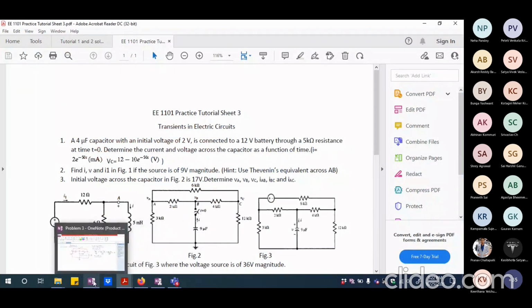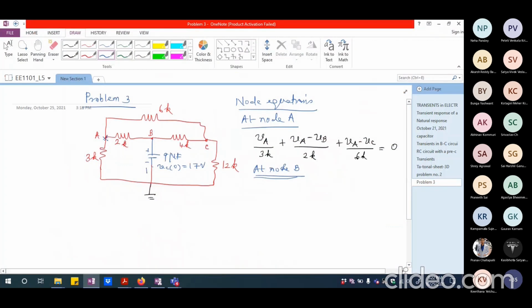So let me write that once again here. This is current I. What they have shown as current I is this. So I can write at node B, one current is I, so I is going to be equal to VB minus VA divided by 2K, plus VB minus VC divided by 4K.